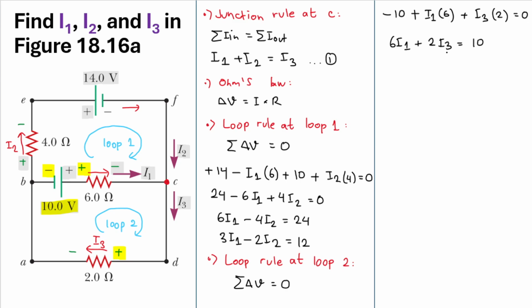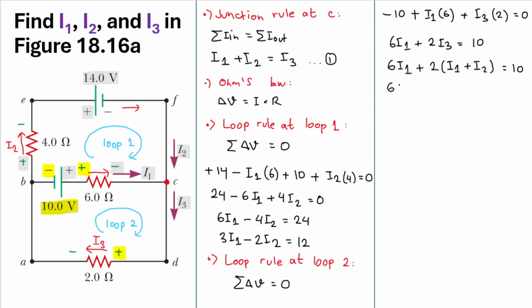Good. But we can have I3 here is I1 plus I2, right? So I will have 6I1 and then plus 2 times, what is I3? I3 is I1 plus I2. So I will have I1 plus I2, and that will equal to 10. Good.